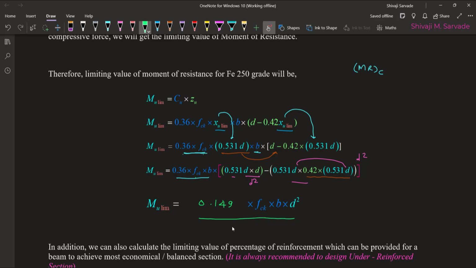This value you have to remember. It comes just by replacing XU with XU limiting in Cu and Zu. So if you replace XU with XU limiting, we get the result as 0.149 FCK BD square.